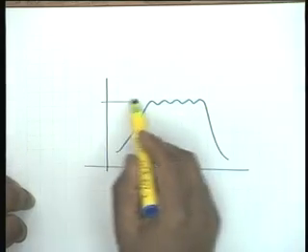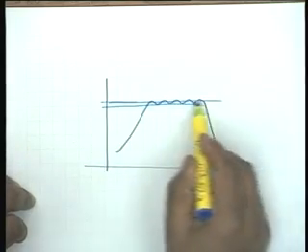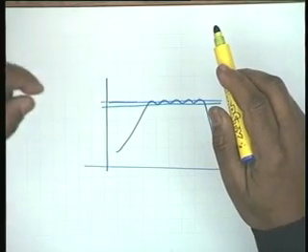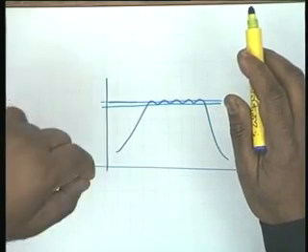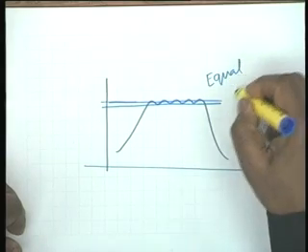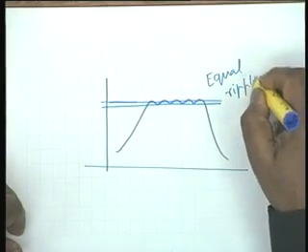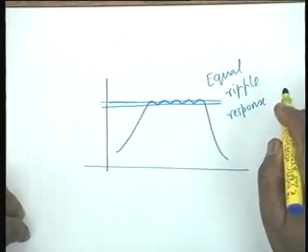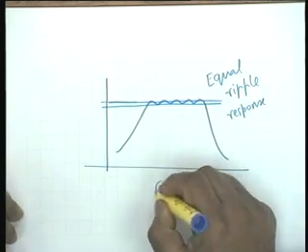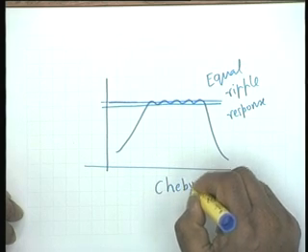If the ripples are equal, that is, if they fluctuate between the same maxima and the same minima, then obviously this is called an equal ripple response, or what goes in the literature by the name of Chebyshev response.